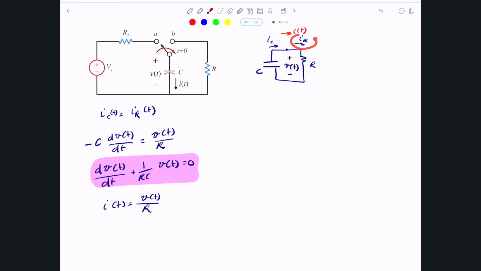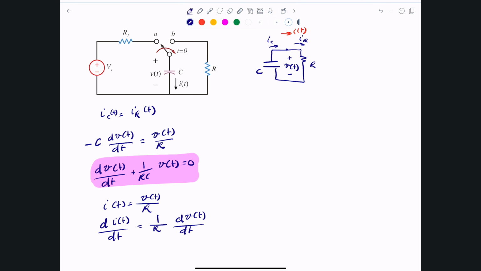This is going to the positive side, so positive is appropriate. Then what if we take the derivative of both sides? What we end up with is di of t divided by dt equals 1 divided by R times dv of t divided by dt. I just took the derivative of both sides. And then I can multiply by C in here and C in here. Basically, I didn't change anything.